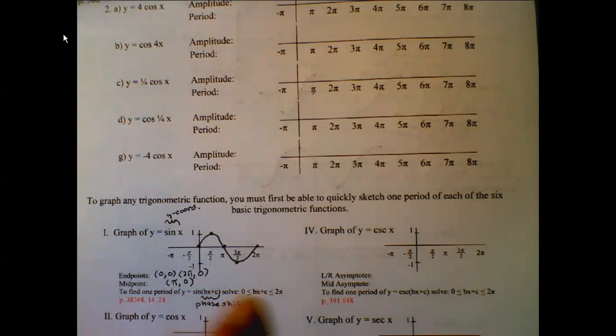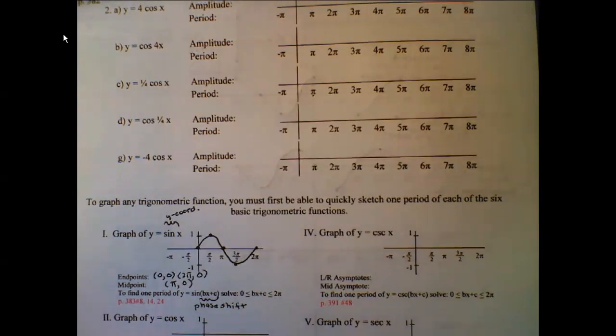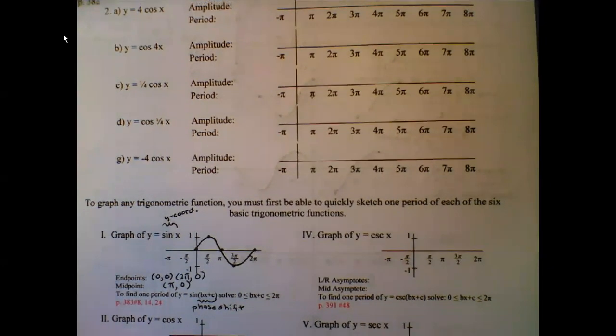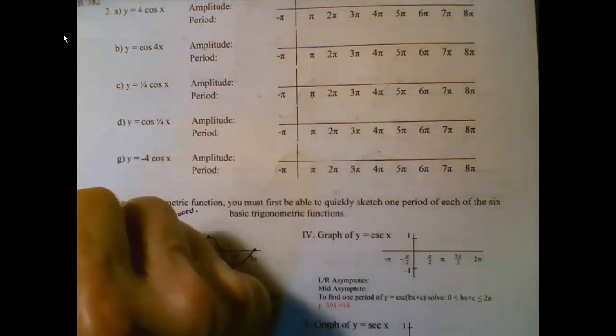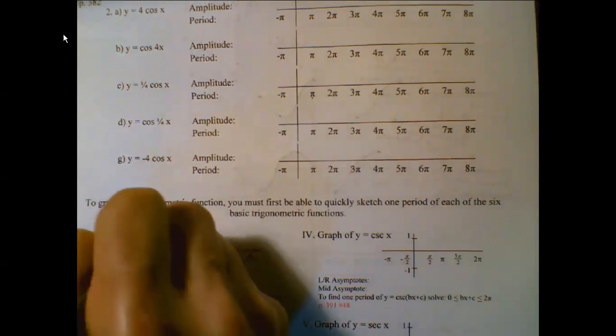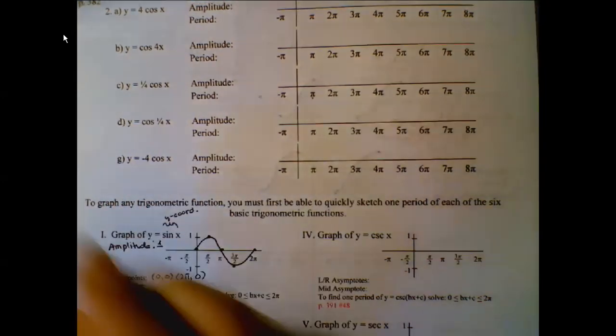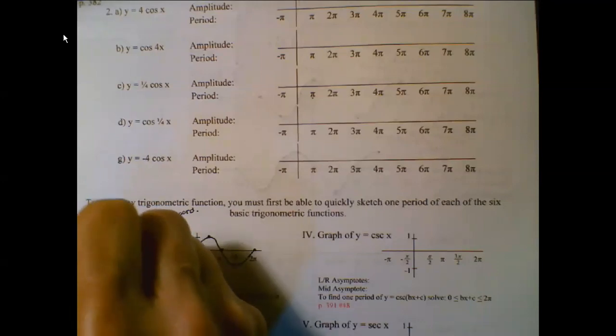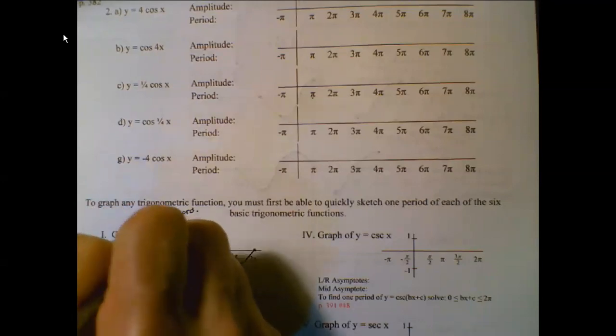You set that argument between 0 and 2 pi. Now, the graph of y equals sine x, like we said, has an amplitude of 1 and a period of 2 pi.